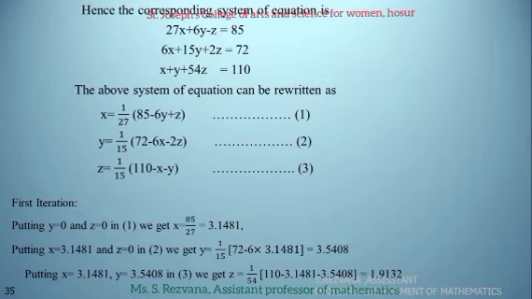I'm substituting this in equation 2. We get y equal to 1 by 15 times 72 minus x into 3.1481 minus 2 into 0, which is 0. So I get the y value. Now I have the y and x values, so it is easy to find the z value.